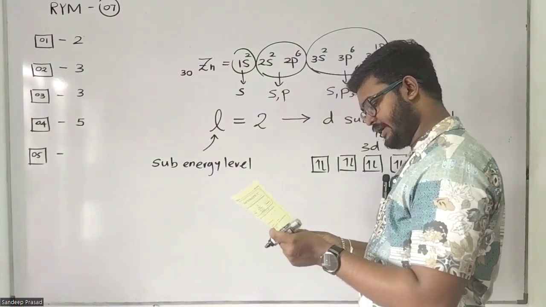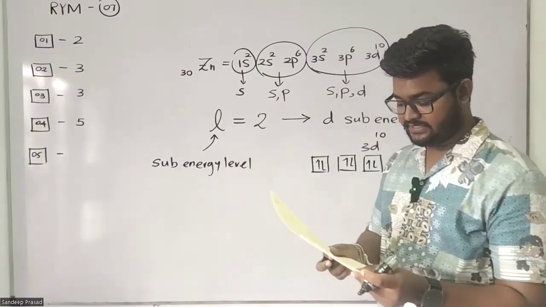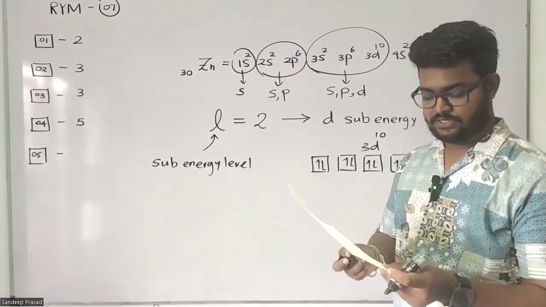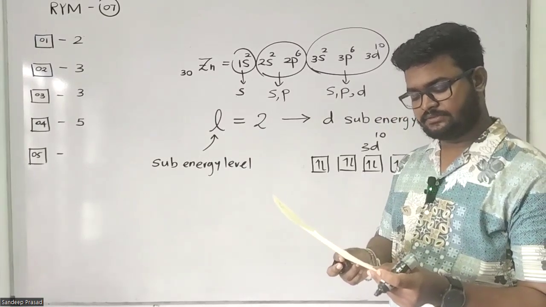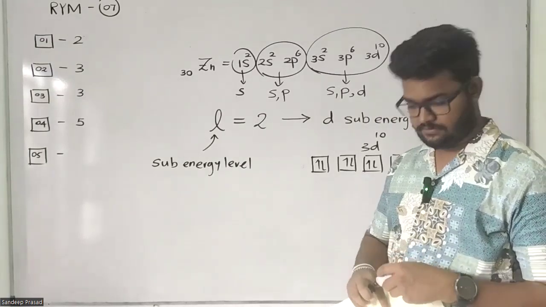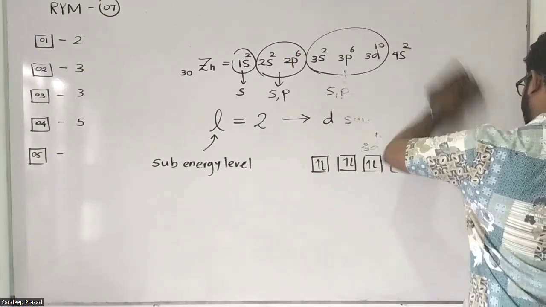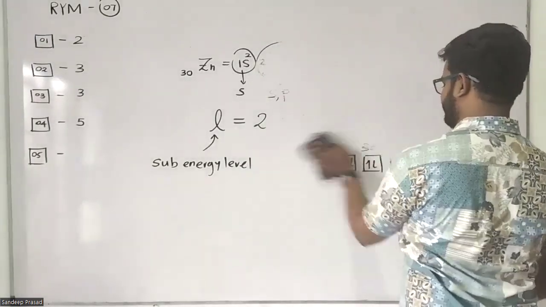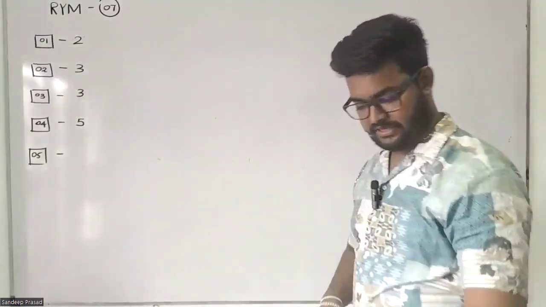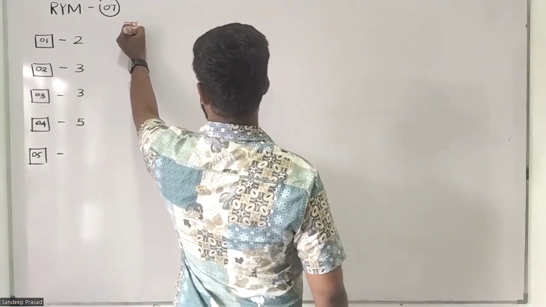This is related to the hydrogen emission spectrum. Let's see. Which of the following has an energy difference equal to that given by the electron transition corresponding to the line obtained in the red region of the hydrogen emission spectrum? Right. So let's quickly revise the theory that we learned under the hydrogen emission spectrum.